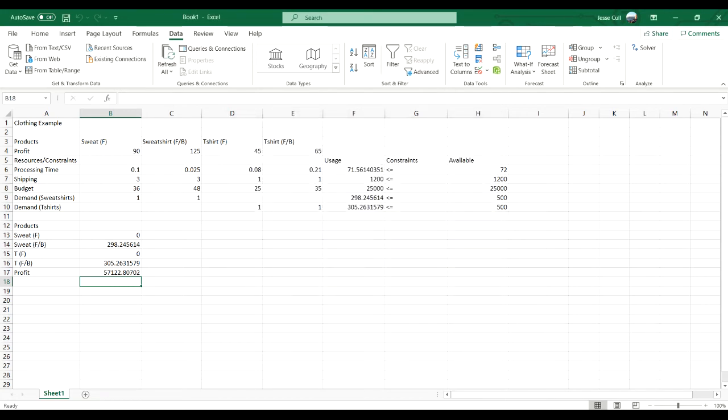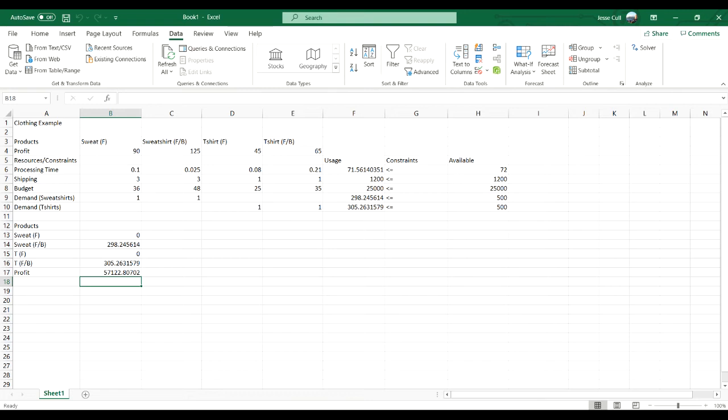So we see that we're not manufacturing any sweatshirts with the logo only on the front. We're only manufacturing 298.25 sweatshirts with the logo on both the front and the back. We're also not manufacturing any t-shirts with the logo on the front only. We're manufacturing 305 t-shirts with the logo on the front and the back.